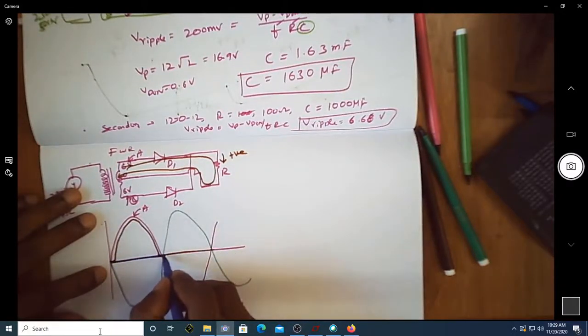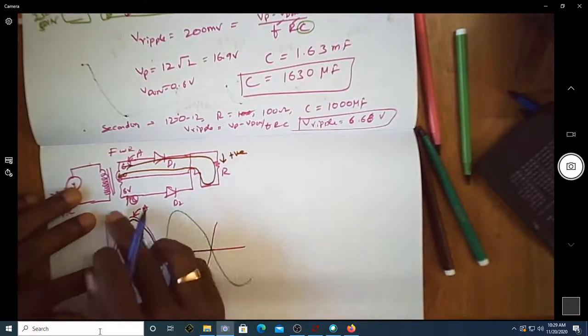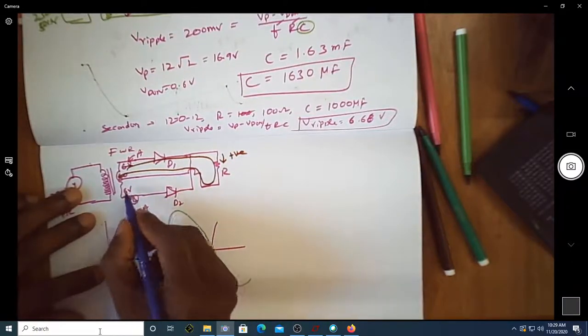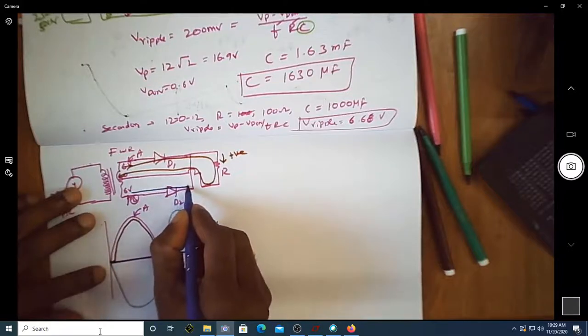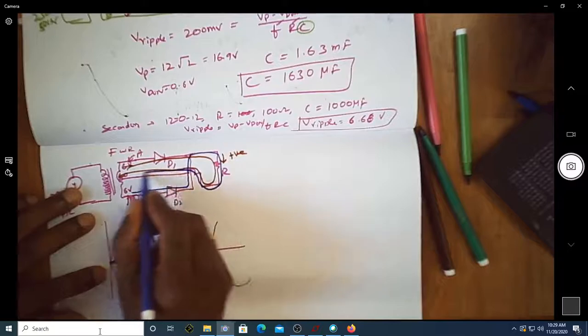But over here at this point, whenever the voltage at this point is positive, this starts conducting. You can see when this starts conducting, the current flows like this. So this is the flow of current. It goes like this, and then back here.